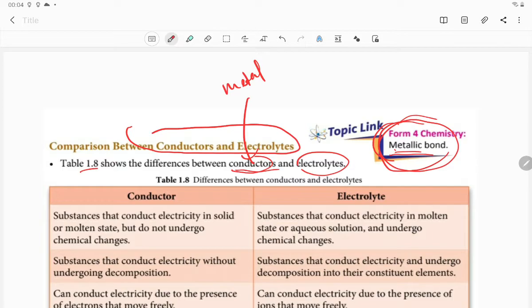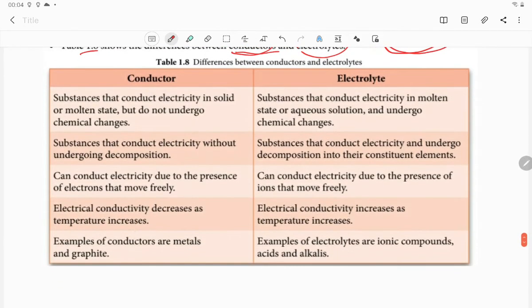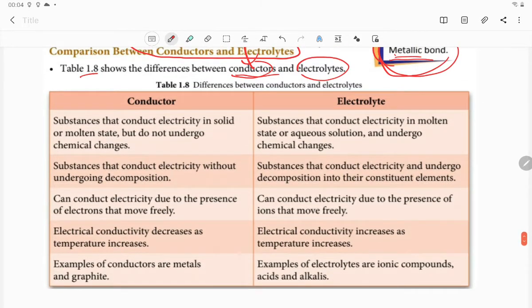Why can metal conduct electricity? This is because metal has metallic bonding. So a conductor conducts electricity in solid or molten state only, but does not undergo chemical changes. But an electrolyte conducts electricity in molten or aqueous solution and undergoes chemical changes.